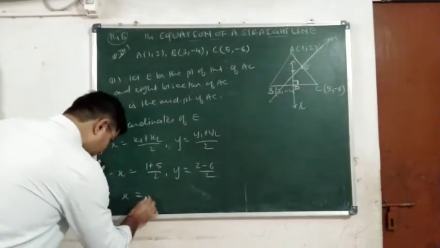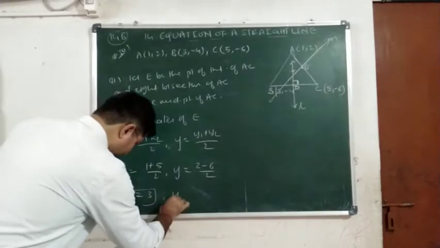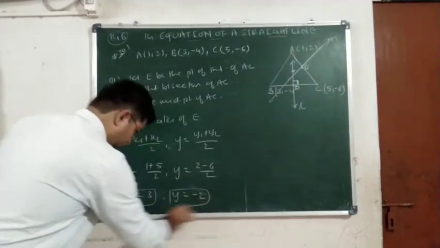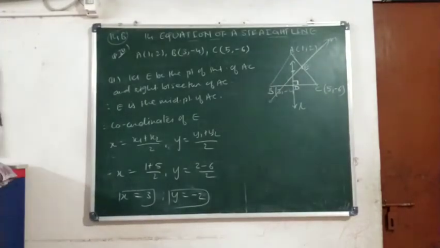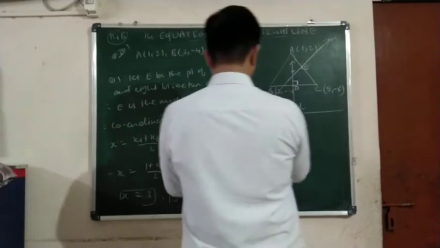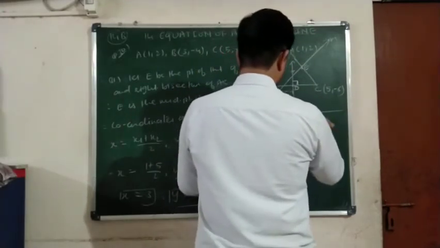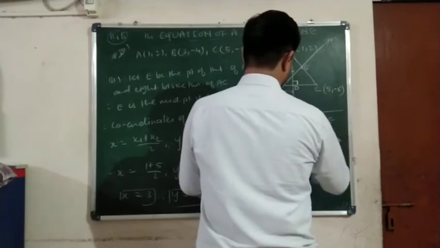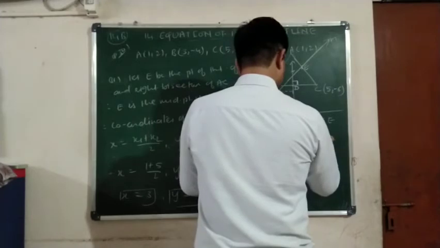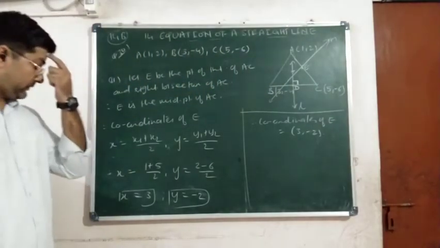Therefore x will be equal to 6 by 2, which is 3, and y is equal to minus 4 upon 2, which is minus 2. Therefore the coordinates of E are (3, -2). Clear? So we got the coordinates of E.